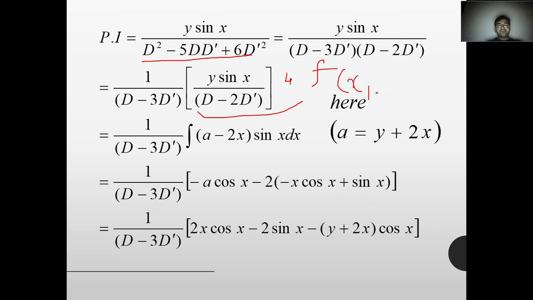So integration of y is equal to a minus 2x into sin x into dx, where a is equal to y plus mx, m is equal to 2, and D minus 2D dash is the factor of this. Integrating this, we get this value. Now again, we consider this is the f of x, y, and this is a factor of this.